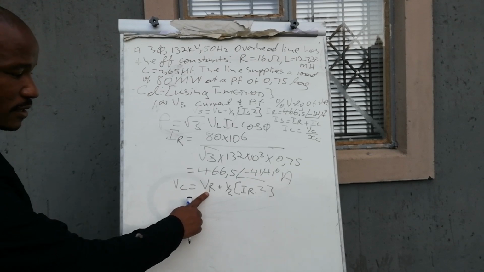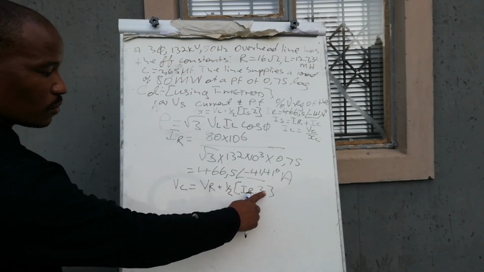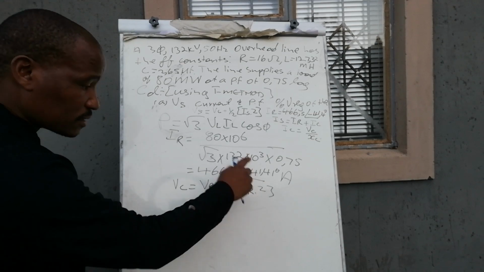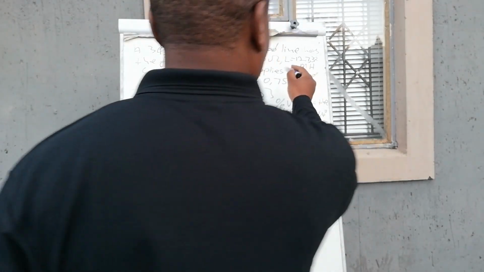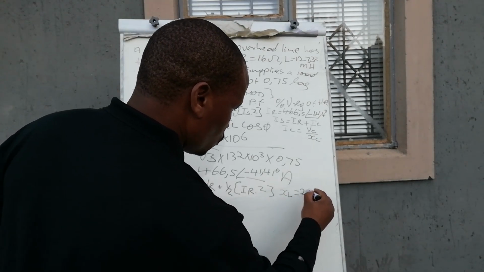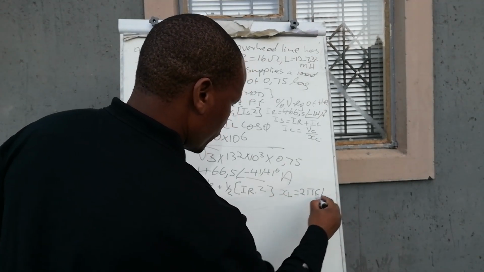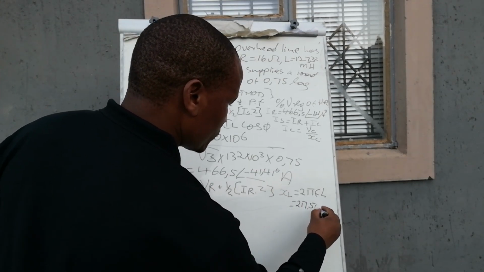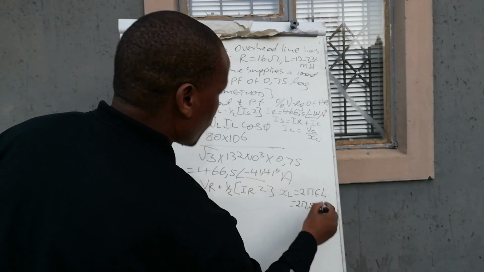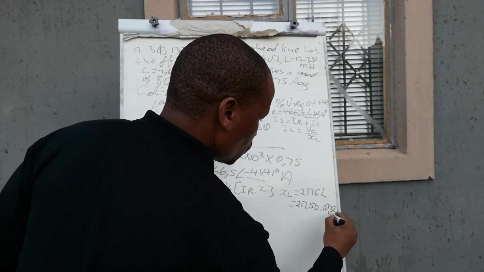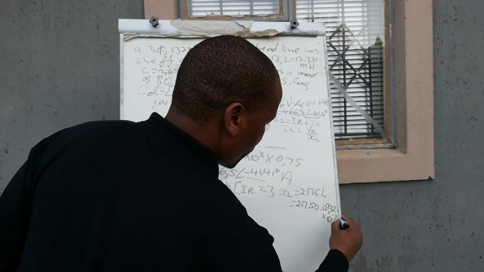We've got this. We can find this. Let's find it. To find this, for instance, XL is equal to 2 pi FL. And then this is 2 pi multiplied by 50, which is given, and L is given as 127.32 multiplied by 10 to the power minus 3.